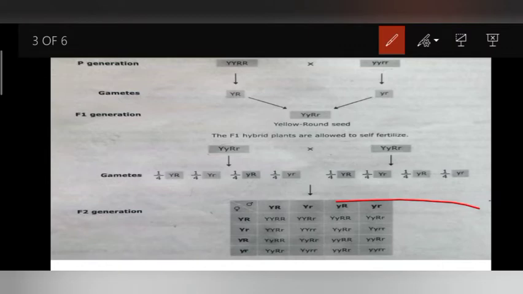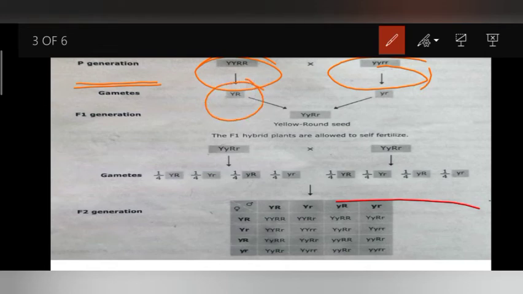Here in the P generation, YYRR and yyrr give gametes capital Y capital R and small y small r, and the hybridized form is YyRr, which is yellow round, and this is the F1 generation. Here the F1 hybrid plants are allowed to self-fertilize.